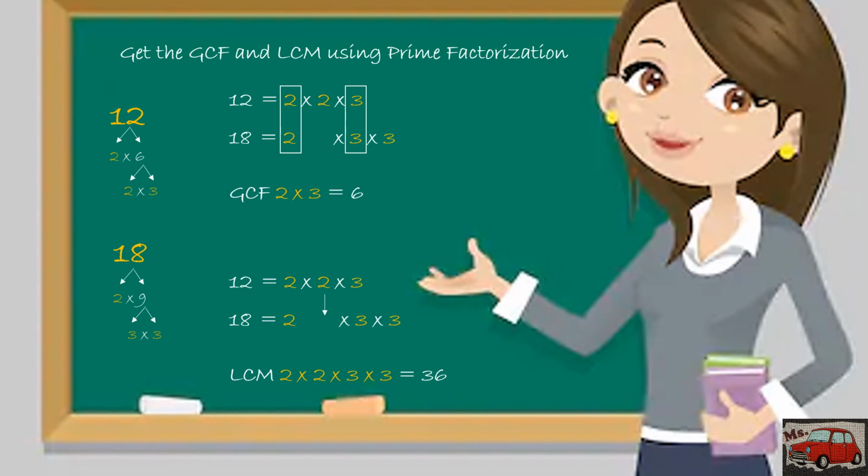Una, ihilera mo muna yung prime factors ni 12 at saka ni 18. Si 12 merong 2 times 2 times 3. Si 18 merong 2 times 3 times 3. Okay? So, itapat mo yung parehas sila. Meron silang parehas na 2 at meron silang parehas na 3. So, the GCF of 12 and 18 is 6.